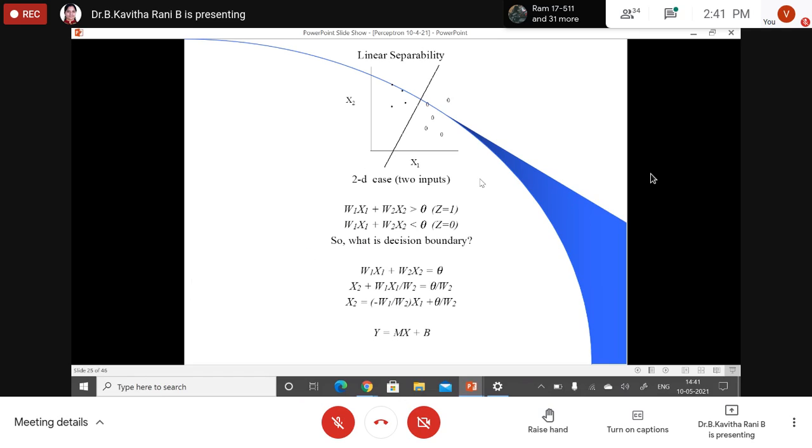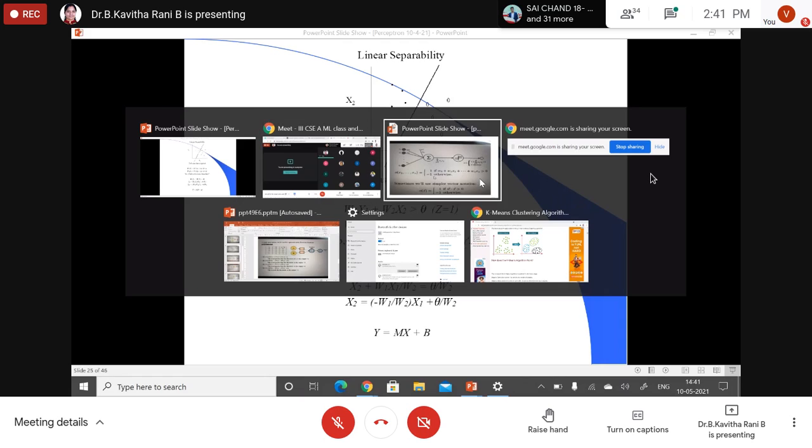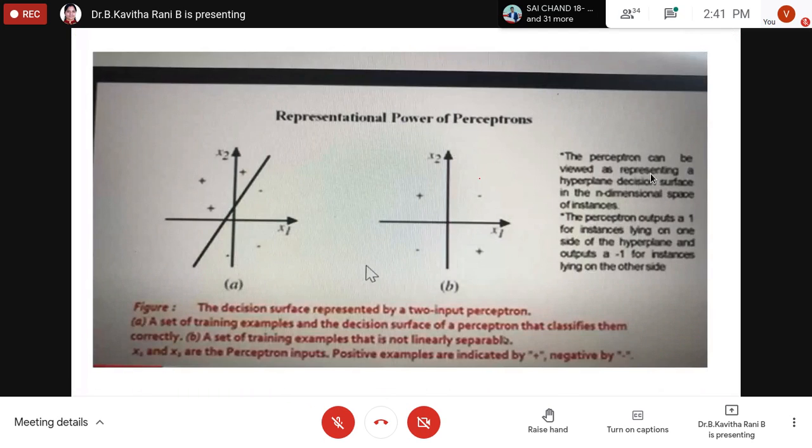Next is the representational power of perceptrons. Here the perceptron can be viewed as representing a hyperplane decision surface in the n-dimensional space of instances. However many instances there are, we can represent them in a hyperplane.